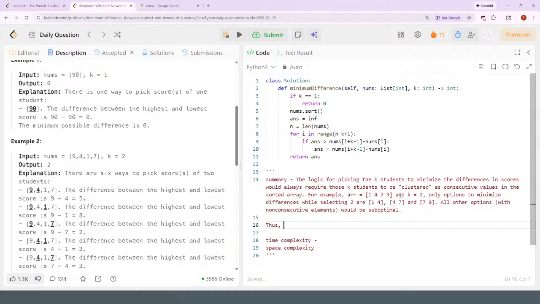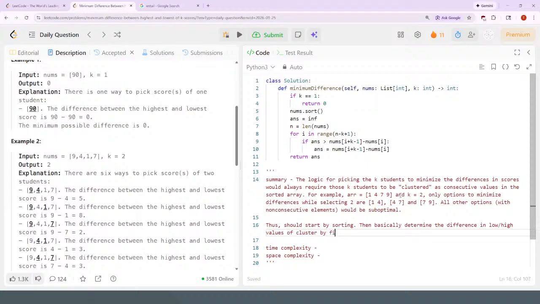Thus, we should start by sorting, then determine the difference between the low and high values of a cluster by finding the difference between array[i + k - 1] and array[i].